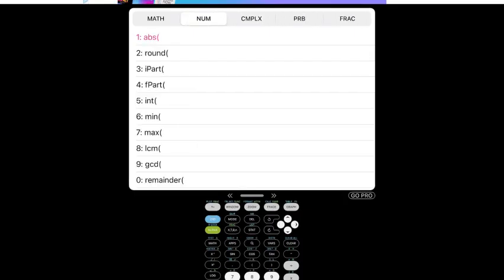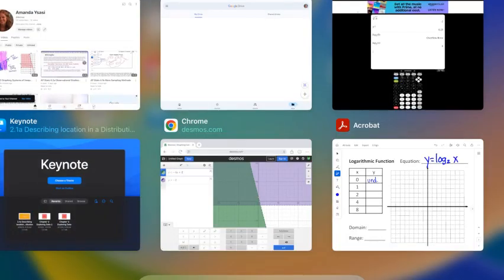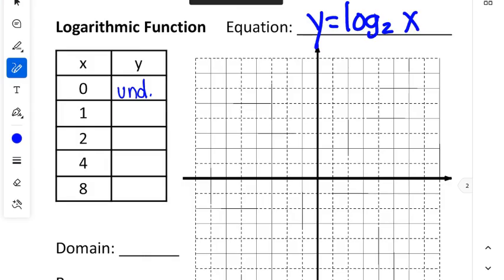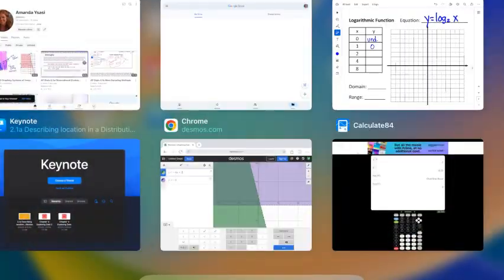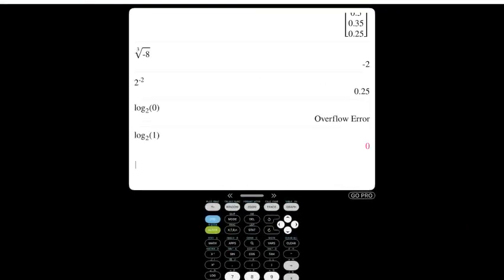Okay, and then we can do log base 2 of 1. Log base 2 of 1, 0. Log base 2 of 2.